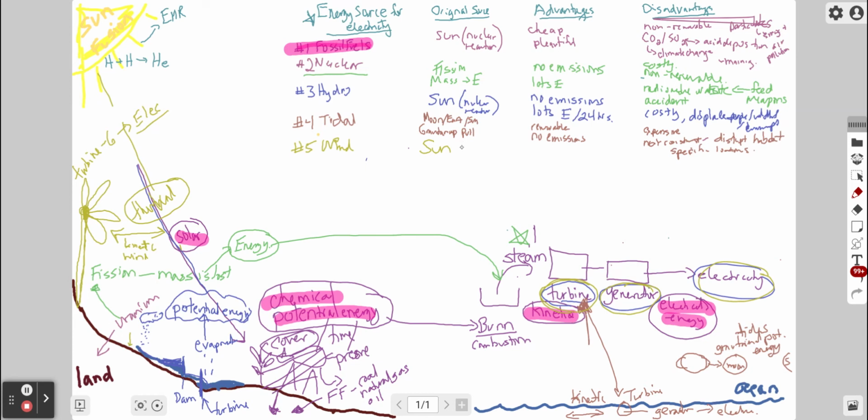All right. What else we got? Okay, so advantages. It's renewable. We'll always have wind. Unfortunately, we don't always have wind, right? So it fluctuates. So I'll put that as a disadvantage. Fluctuates. No emissions, though, is an advantage. No emissions.